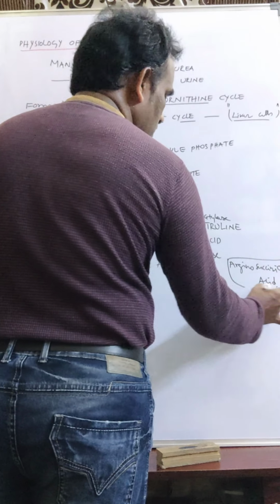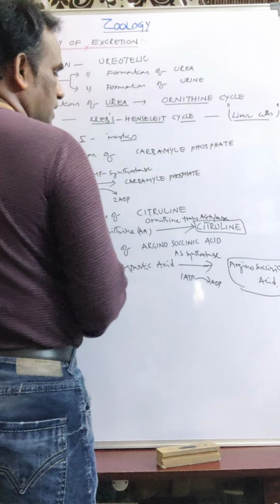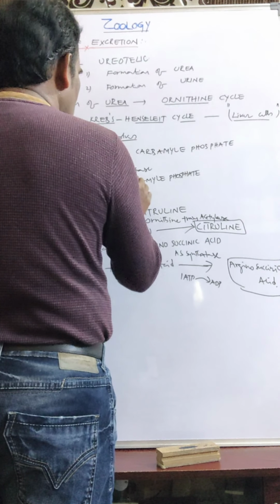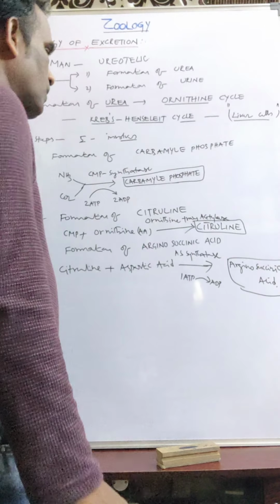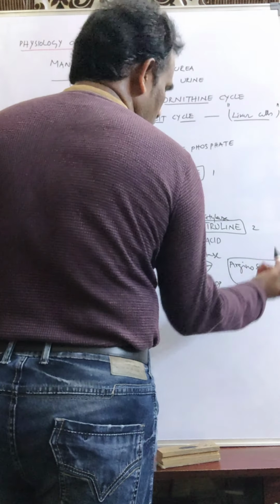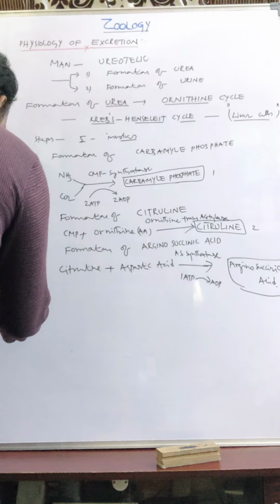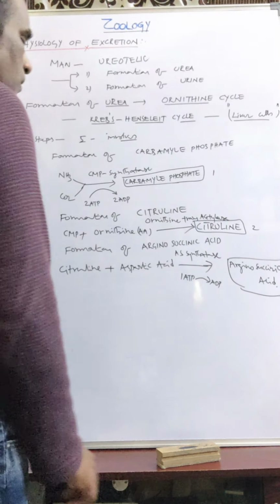So this is step number 3. Formation of citrulline is step number 2, and formation of carbamyl phosphate is step number 1. So 1, 2, 3. And now coming to step number 4.